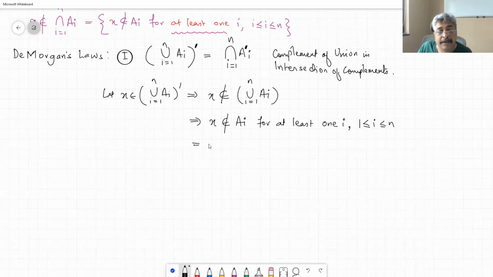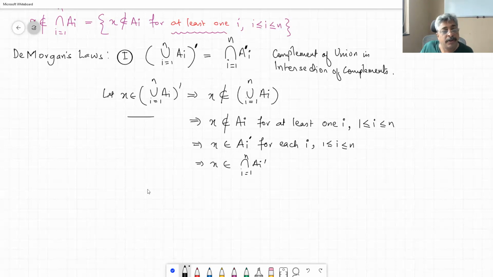That implies x belongs to Ai complement for each i, 1 less than or equal to i less than or equal to n, which means x belongs to intersection i goes from 1 to n Ai dash. That is from this side to this side. This is from LHS to RHS.